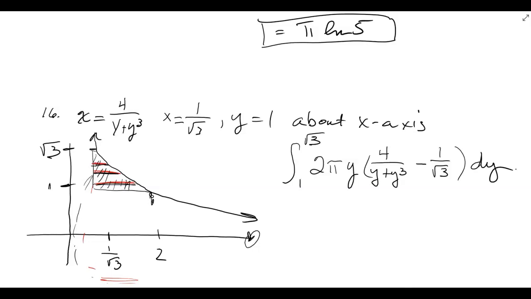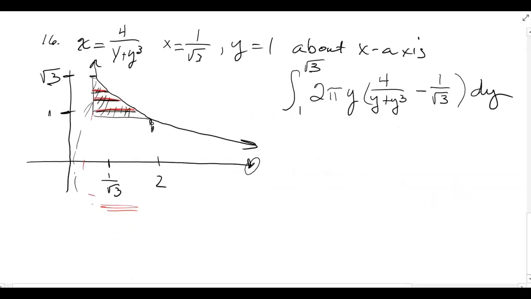I think this is good practice. It brings in a function we haven't used yet. Could have maybe used on that first problem, but we'd have had to square it and it would get a little more complicated. But we're going to use it here, and you'll see it in a minute. So I'm going to play around with this function a little bit. I'm going to distribute my y through to make it a little bit easier.